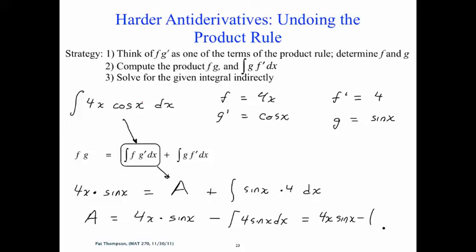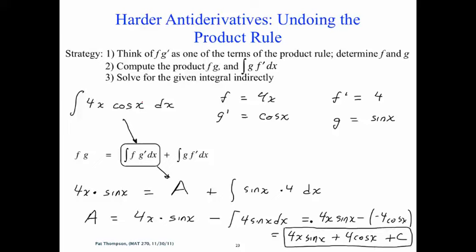The antiderivative of sine x is negative cosine. So we're going to have negative 4 cosine. So simplifying, A equals 4x sine x plus 4 cosine x, plus C. Or improper, is it? Indefinite. Indefinite.